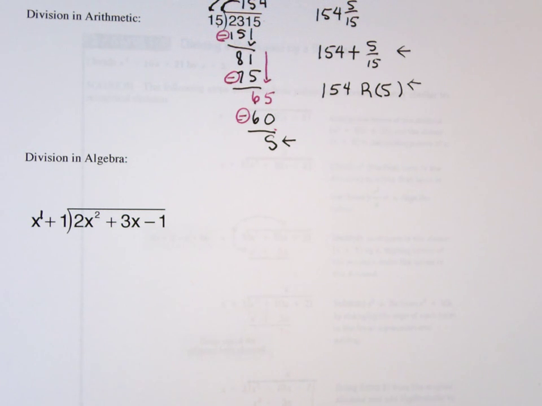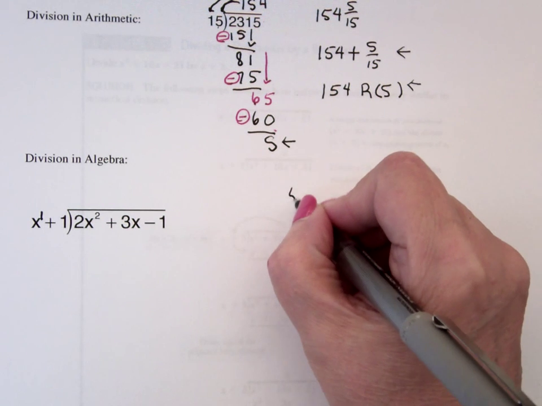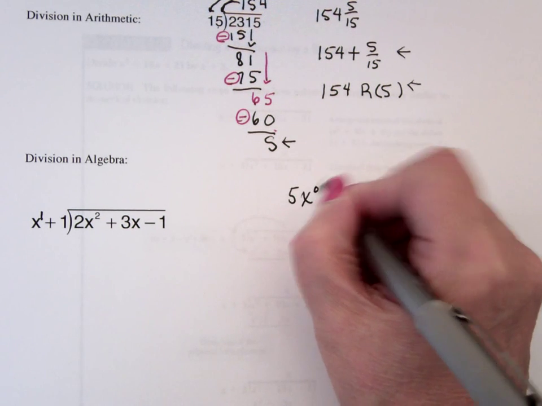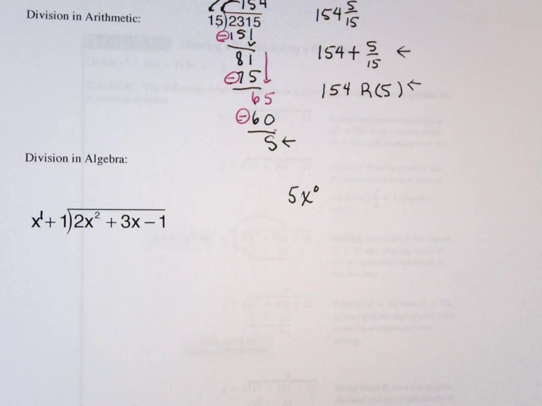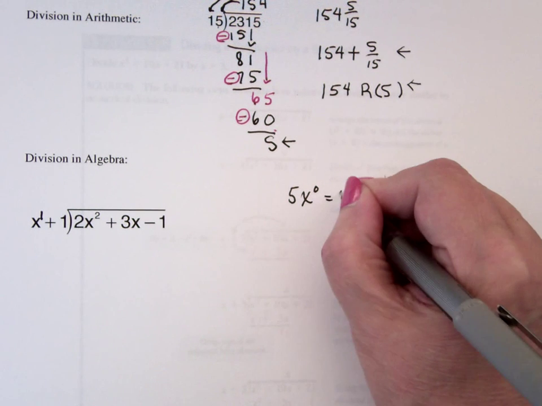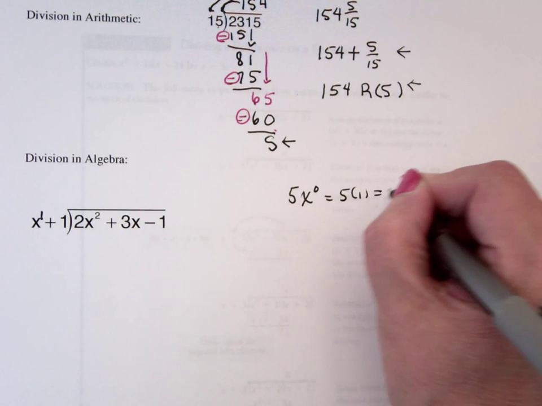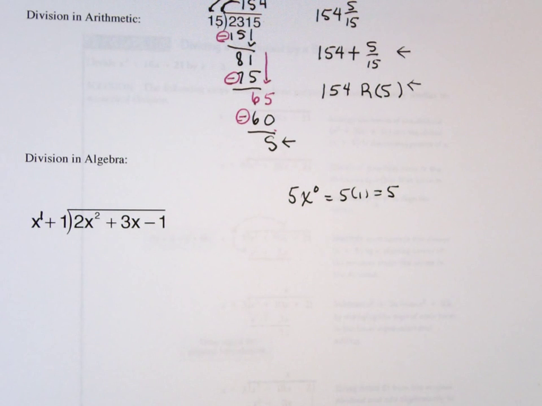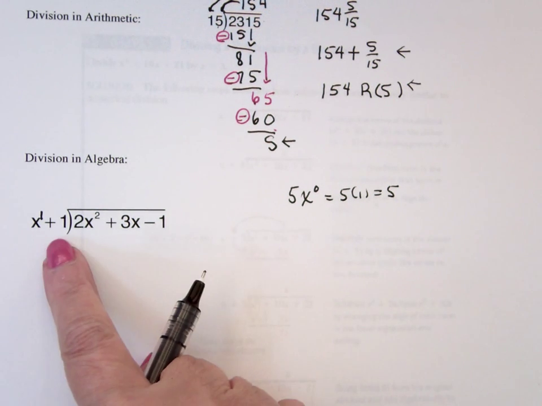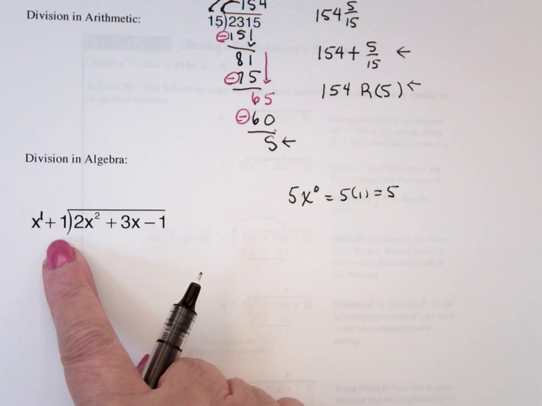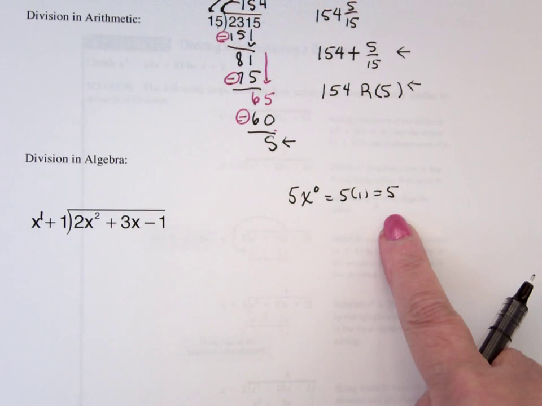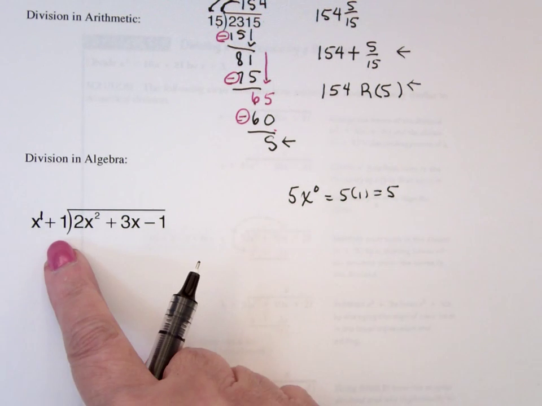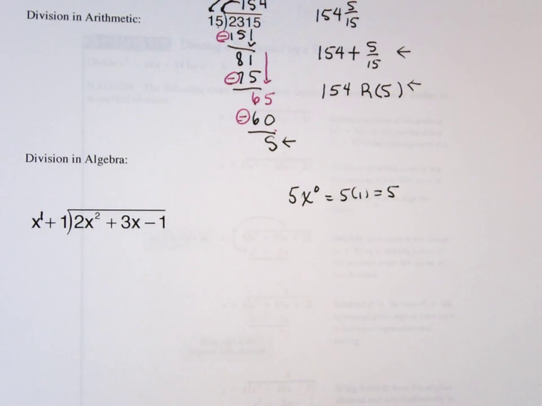Because what's attached to, say, a 5 would be 5x to the 0 power, but x to the 0 power is 1, so that's just a 5. So if the divisor is degree 1, I know I'm done when I'm left with just a number, and that number is degree 0.